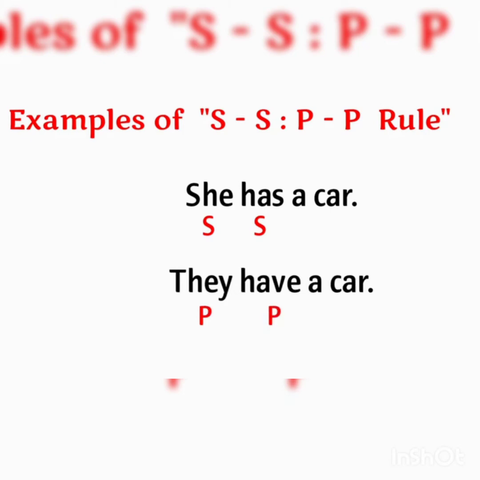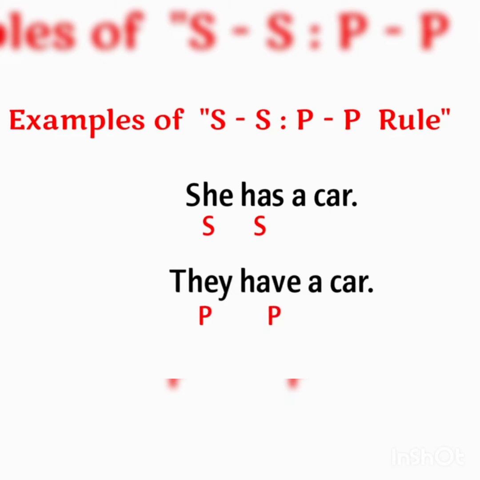And what is that singular verb? Has, ending with S in the end. Okay, so she is one lady, one female, and she has a car, and has is our singular verb. So that's why she has, singular subject, singular verb.